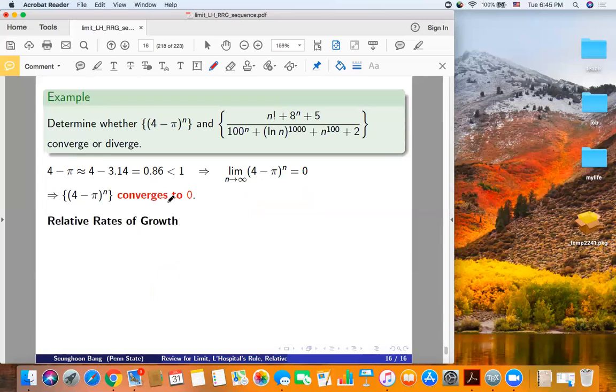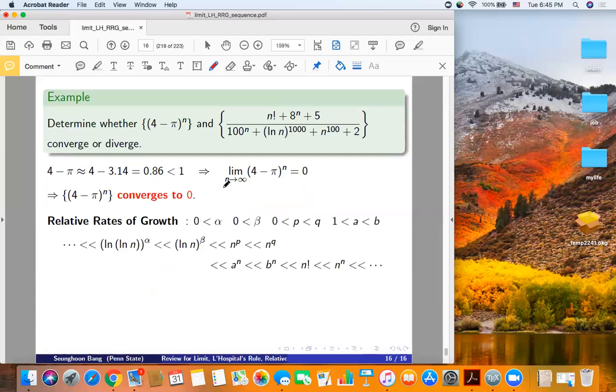Next one. Use the relative rate of growth. For the second one, here, n factorial is here, and a to the power n is here. The faster-growing one dominates, so ignore the slow one. Next, 100 to the power n.